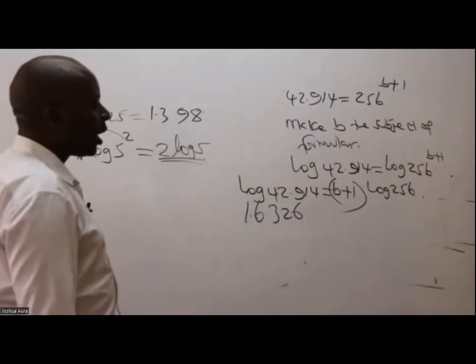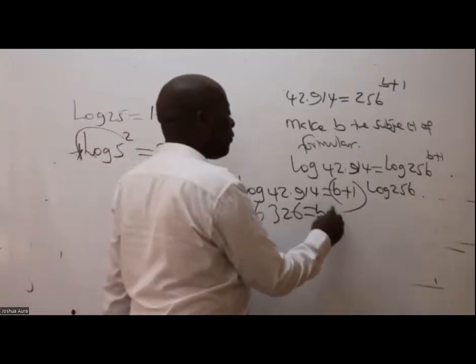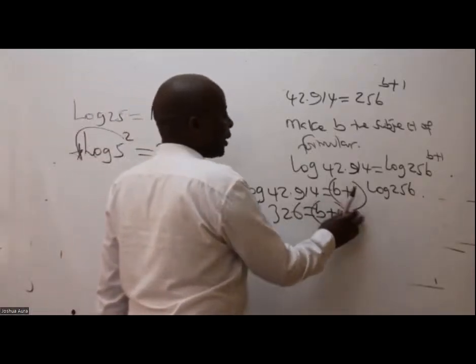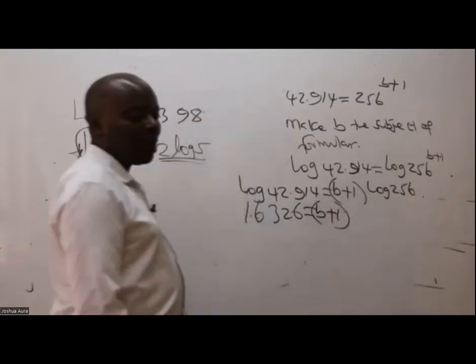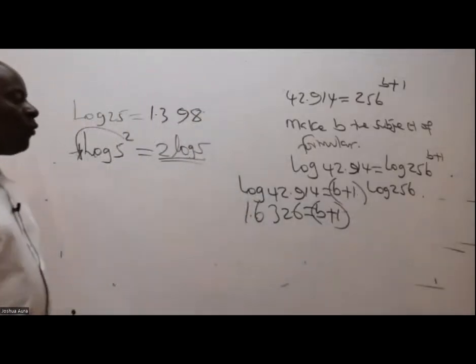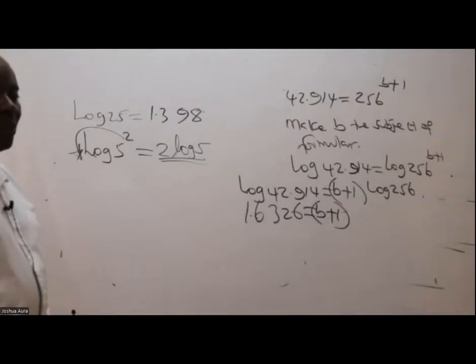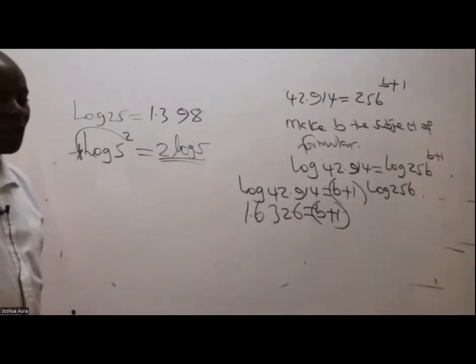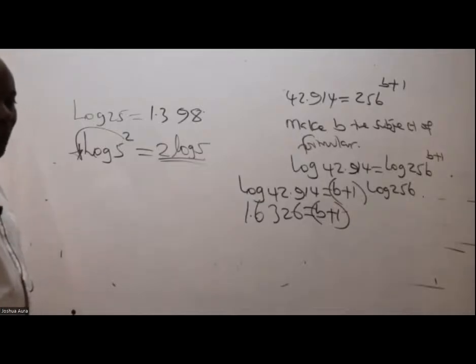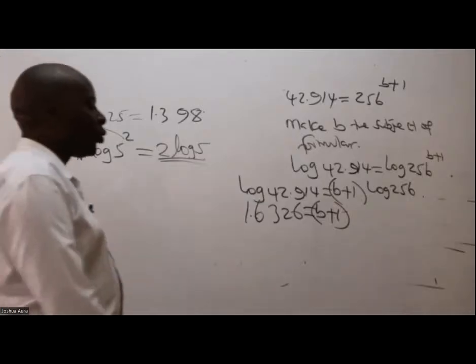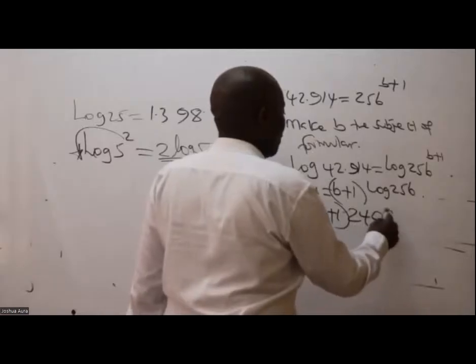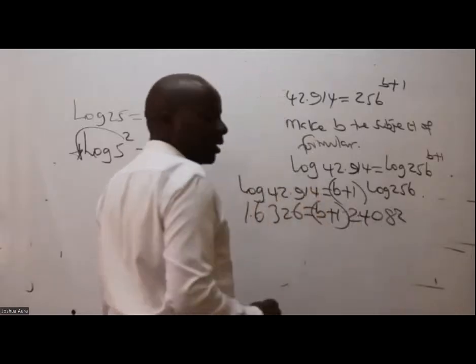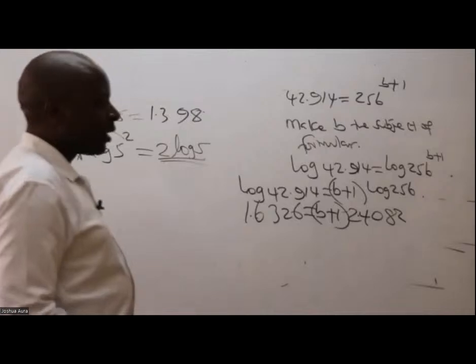Thank you very much. How about log 256 from your calculators? What are we able to see there? 2.4082, with a decimal there. Great.